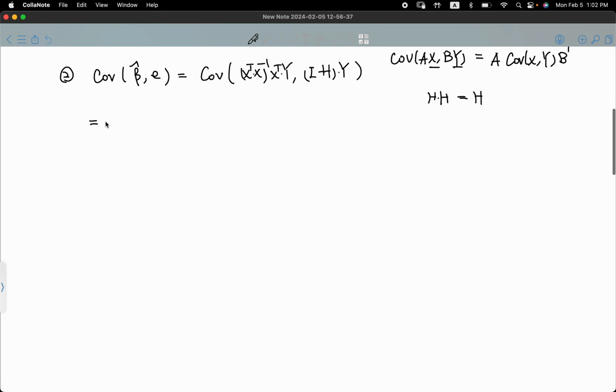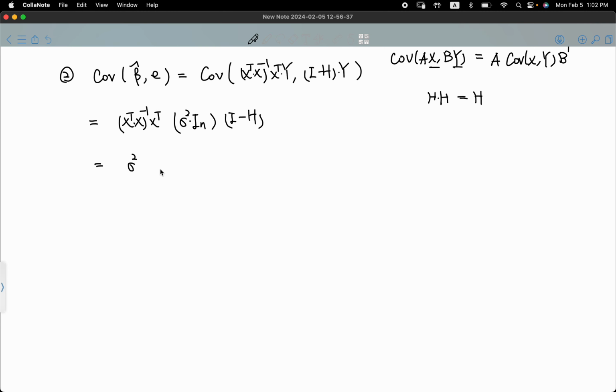Same thing: X transpose X inverse X transpose, and then the covariance of y and y, which I'm just going to put as sigma square identity. Symmetric and idempotent, so I'm not going to put the transpose here.